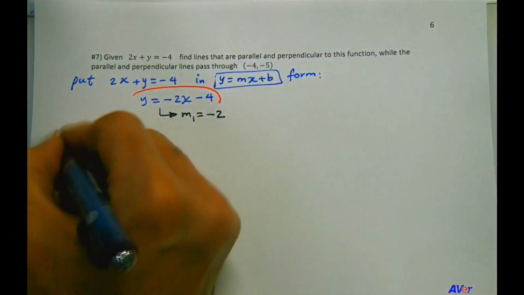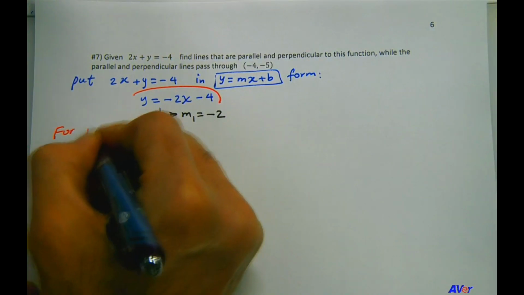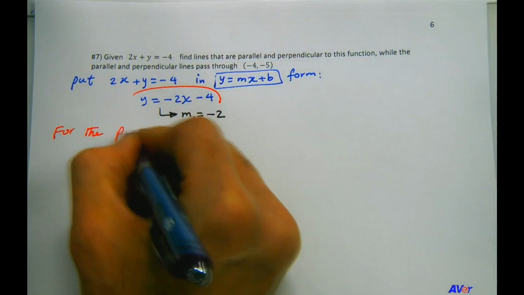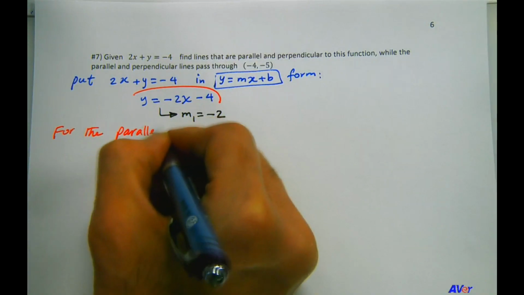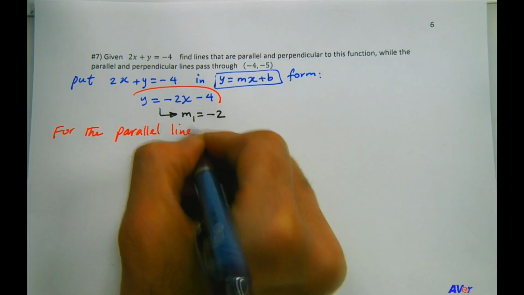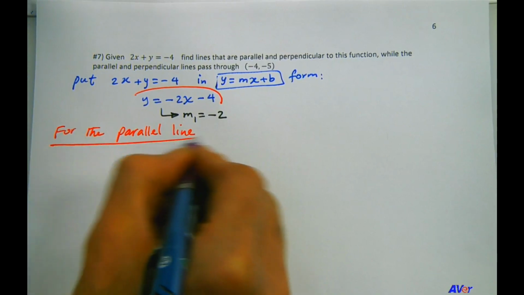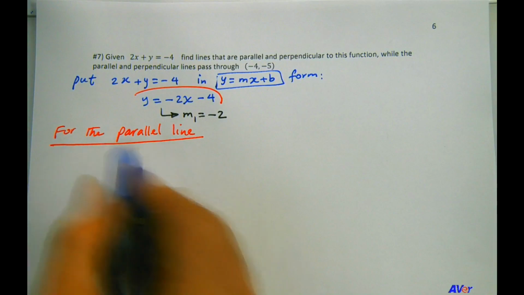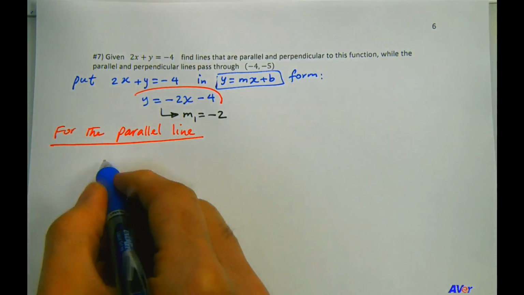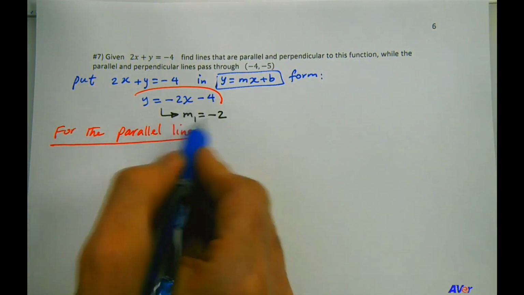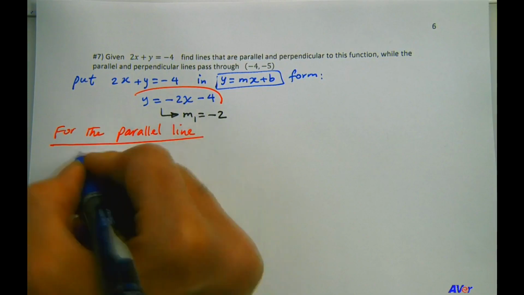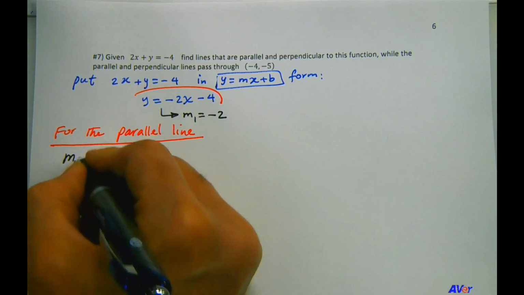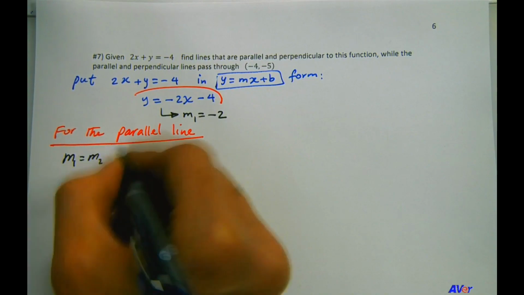So, for the parallel line, the slope of the parallel line should be equal to that, right? For the parallel lines, we must have m1 equals m2.